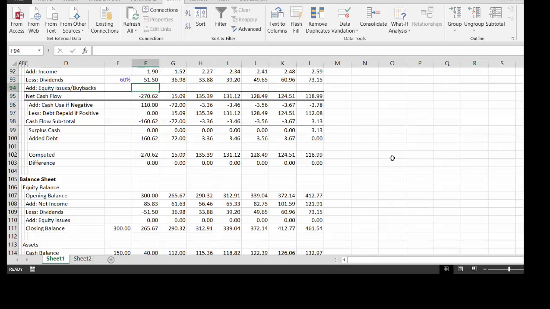But the function won't work. We need a dynamic goal seek, because we're going to change the equity issuance and make it gradually really negative, a very big negative number, and push it up and up.